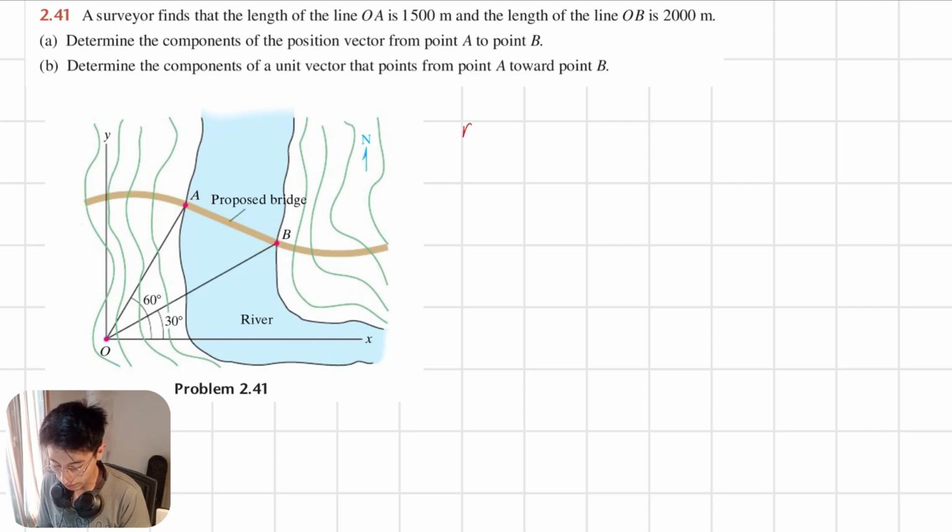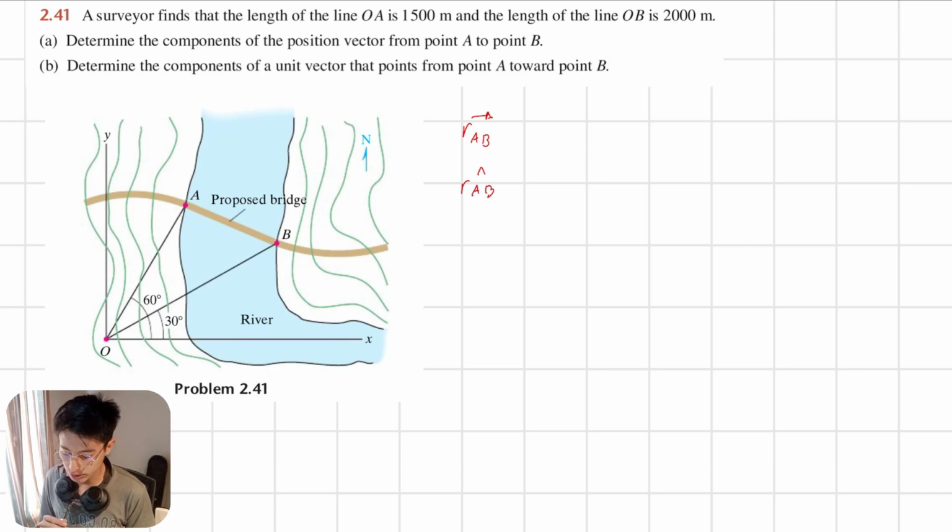Now they are asking for the vector RAB and the unit vector RAB as well. Now, remember guys, when you are working with vectors, all you have to take into consideration is two basic things. The first one is the magnitude and the second one is the direction.